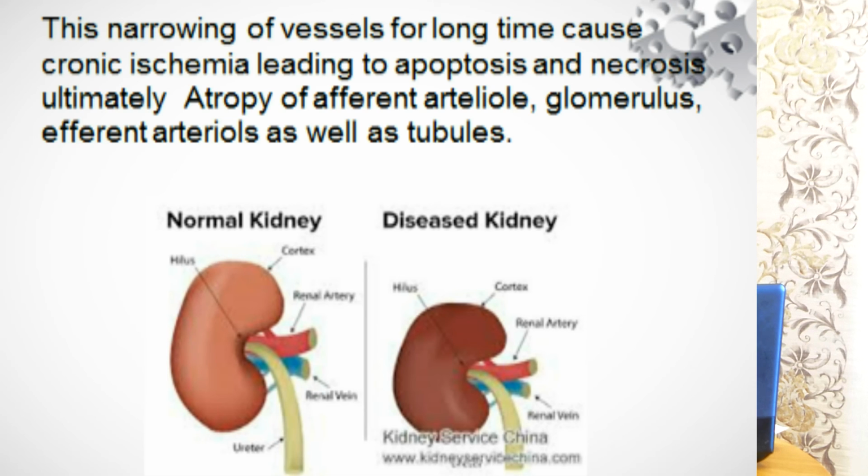This hyaline change causes hyalinization of different parts, starting from the afferent arteriole, spreading to the glomerulus, and then even to the efferent arteriole, and the tubules are the last one. They also undergo necrosis.